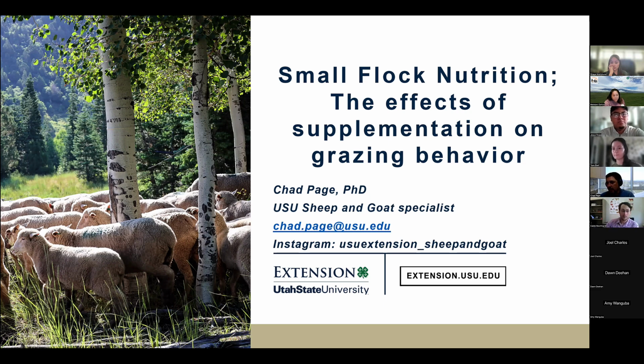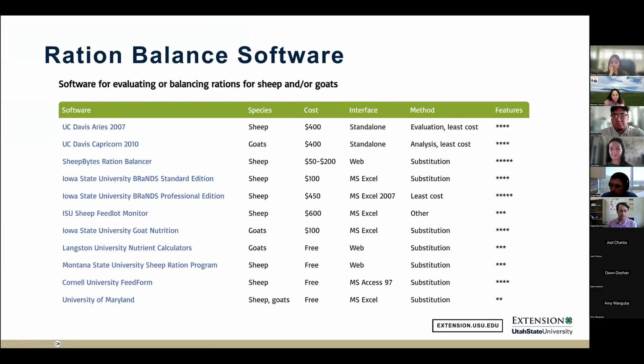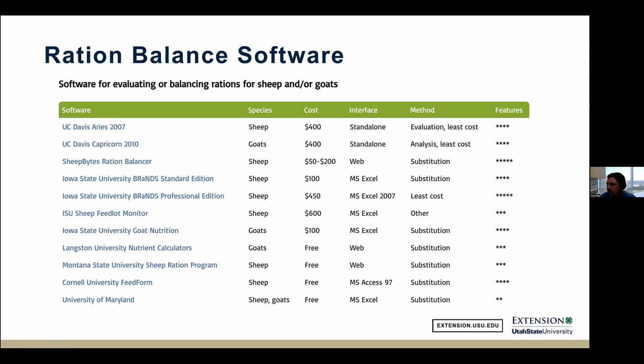I did want to share a couple tools real quick. For those of you who've been on the Sheep 201 website put out by the University of Maryland, their sheep specialist does a great job putting together material. This is a chart that they put together outlining some of the different ration balancing software.